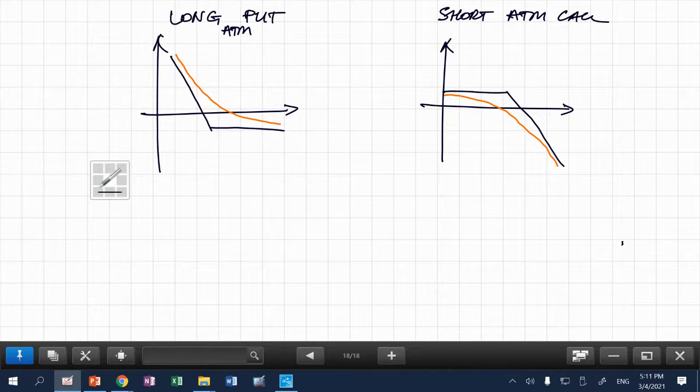Now, if we look at these two graphs, which is the conclusion that we can draw in terms of the sign of the gamma? Take your 20 seconds to think about it.